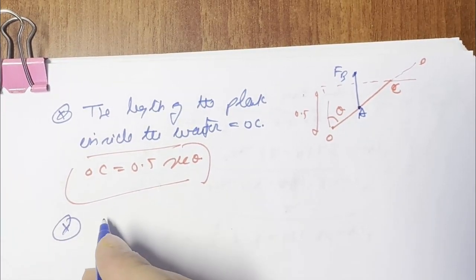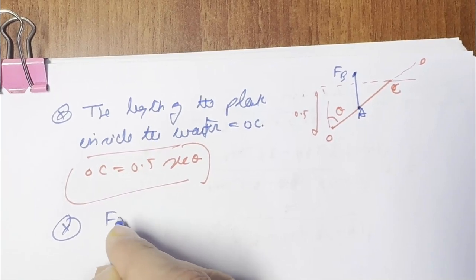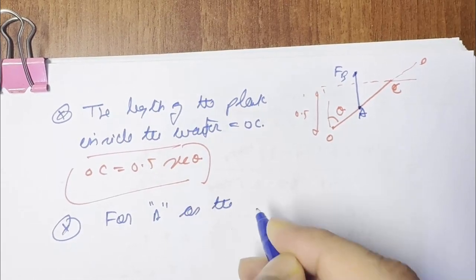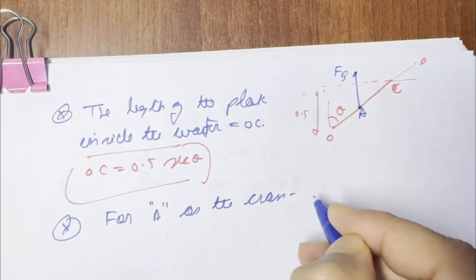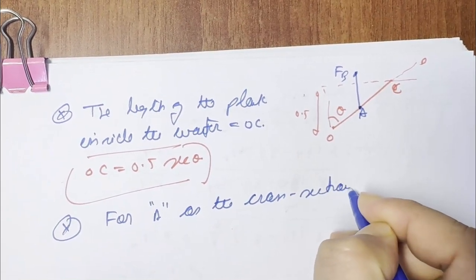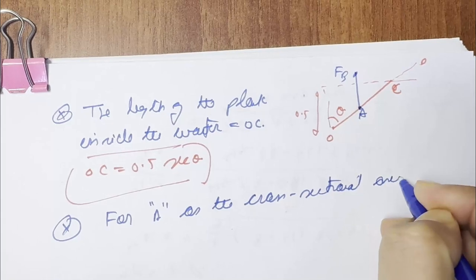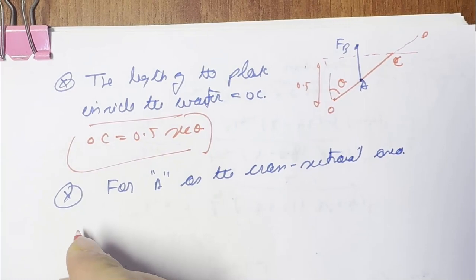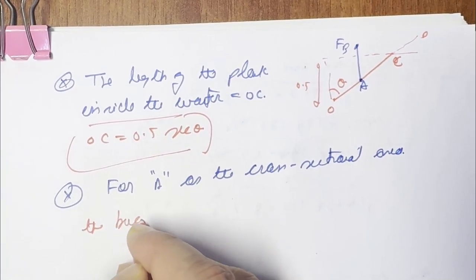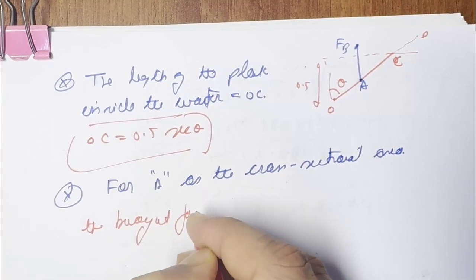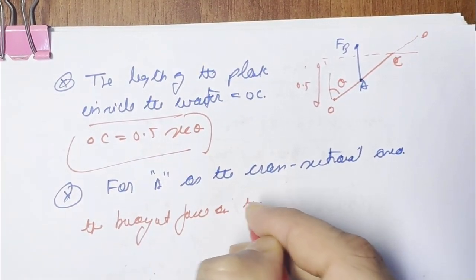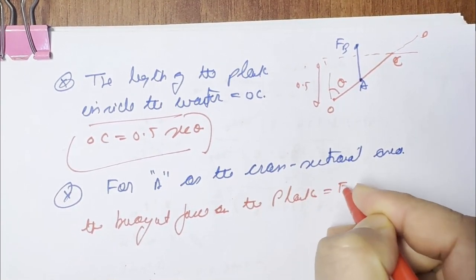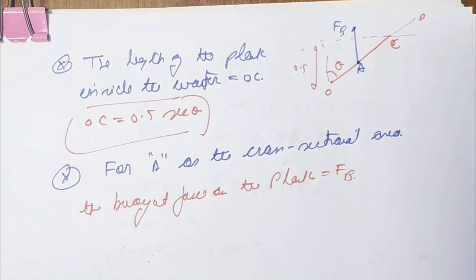So we can say, for A as the cross-sectional area, the buoyant force on the plank, which is our Fp.